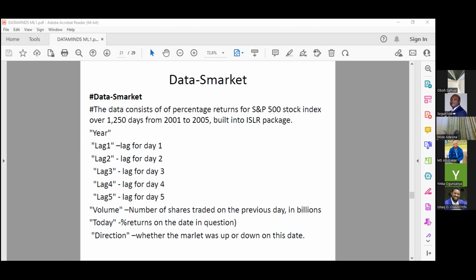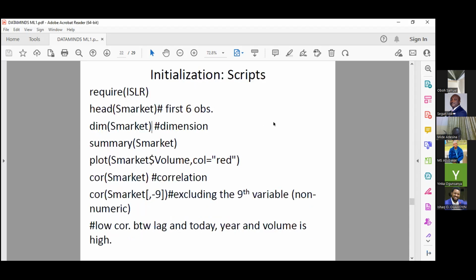So that is how the lag works. Then the volume of shares, Today, the percentage return on the date in question, and the direction, whether it goes up or down on that particular day. We might have to come back to this, since I'll still run through the slide. The codes are here, and you also have the code in the R Markdown script. So while we run through the code here, we will also try to access the other one.